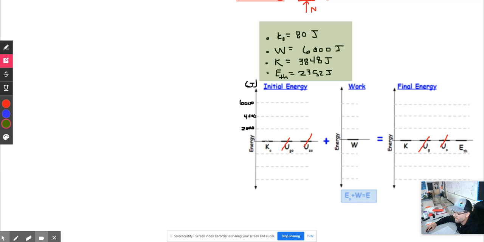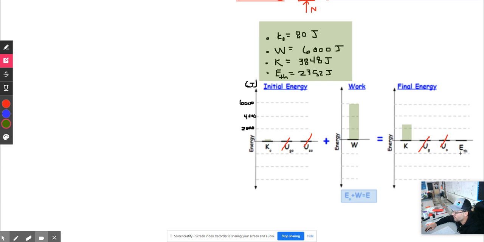So I had initial kinetic energy of, I don't know, nothing pretty much compared to my other energies. And I had some work I invested into my system, which was 6,000 joules, like this. And in the end, that ended up being transferred into just a little over 2,000, not quite 3.